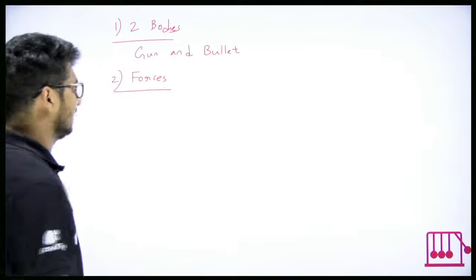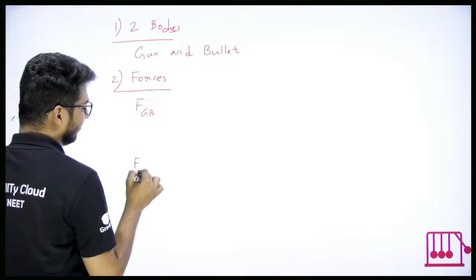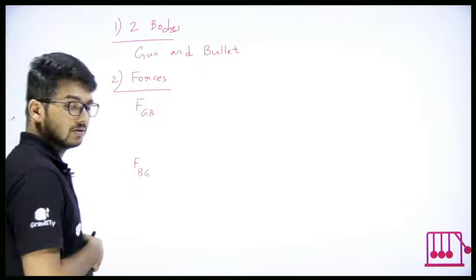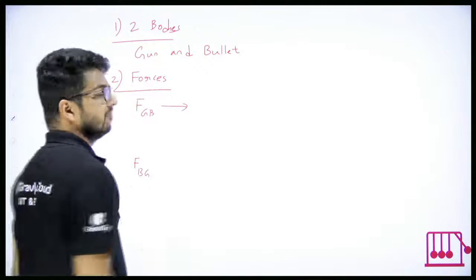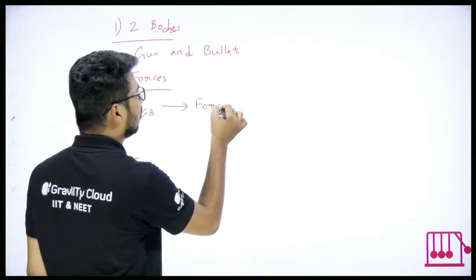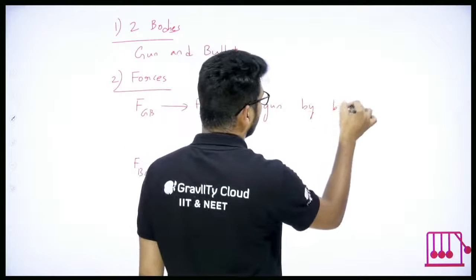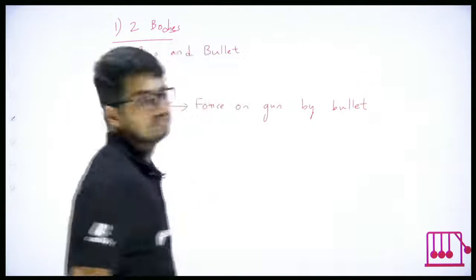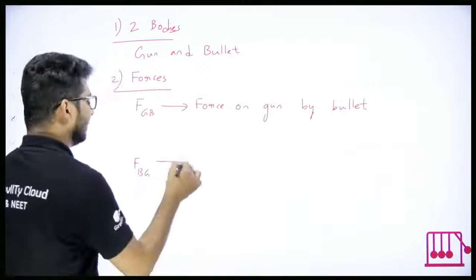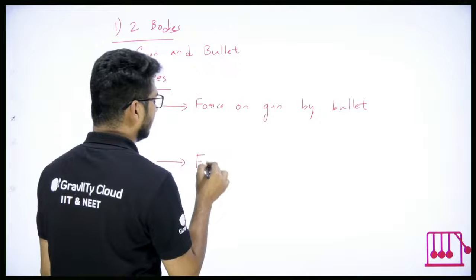The second step is writing down the forces. Just write FGB and FBG. Just change the order. What is FGB? First comes on, second comes by. So force on gun by bullet. Then again, force on bullet by gun.